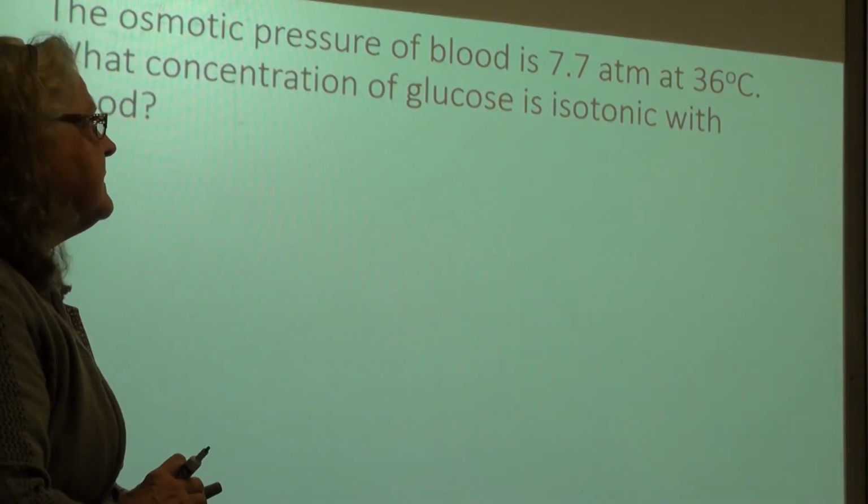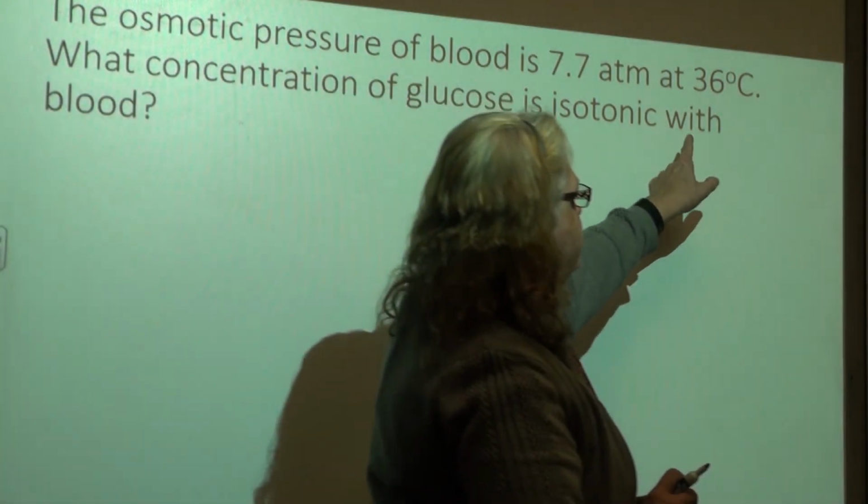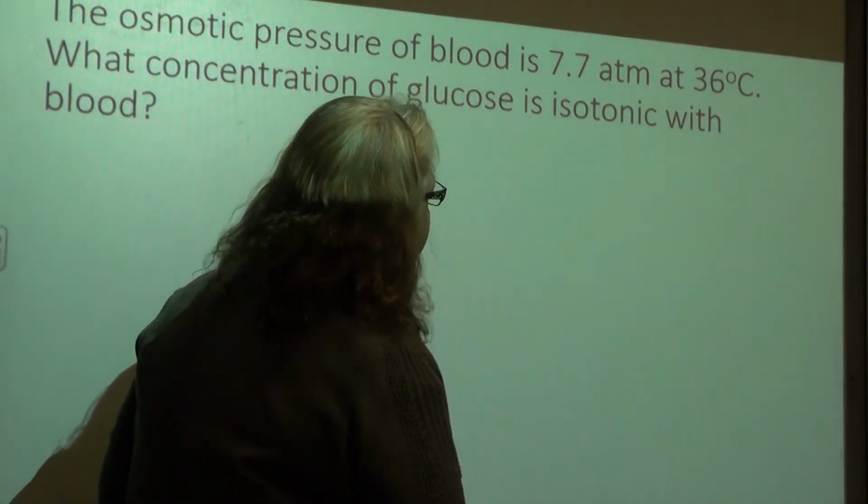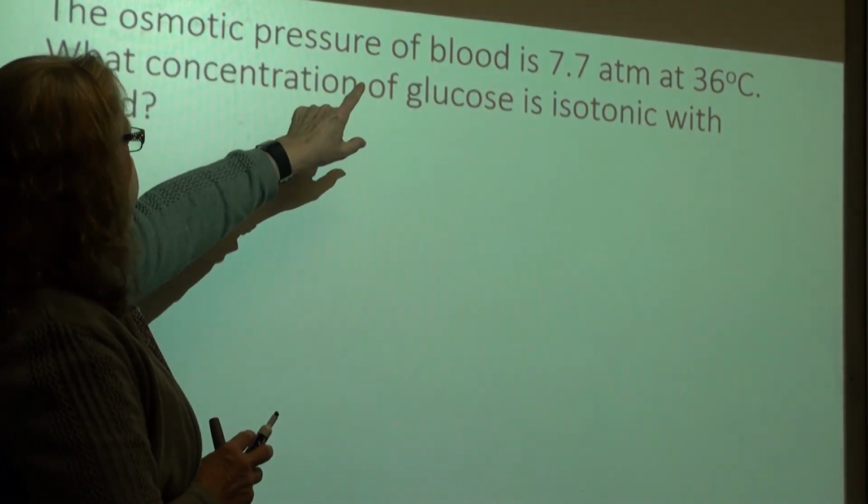It's 7.7 atmospheres. Why do you suppose we used that 36 degrees Celsius? That's body temperature, right? It's 36.6, basically the body temperature.